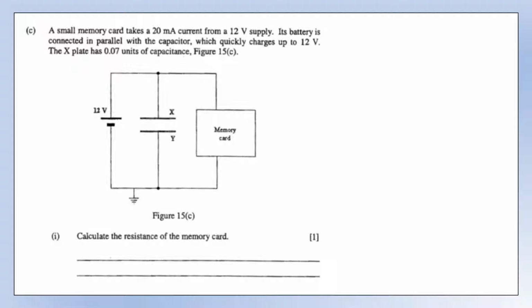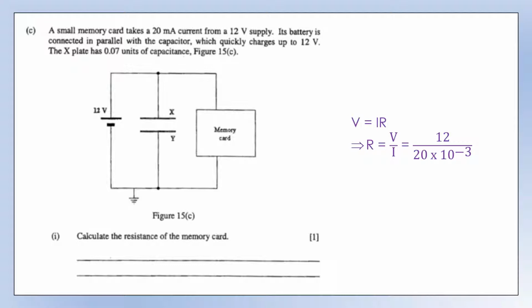Okay, so a small memory card takes a 20 milliamp current from a 12 volt supply. Its battery is connected in parallel with a capacitor, which charges up to 12 volts. The X plate has 0.07 units of capacitance. Okay, calculate the resistance of the memory card. So we can use V equals IR or R equals V over I, whichever way you try to start with.